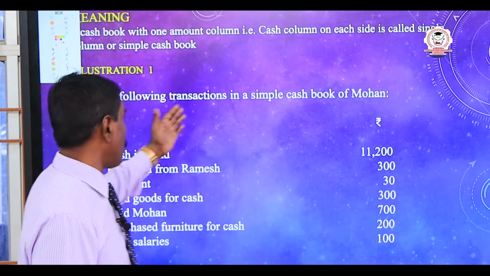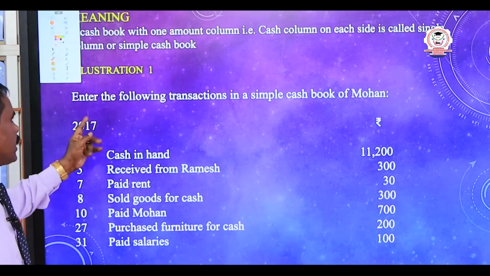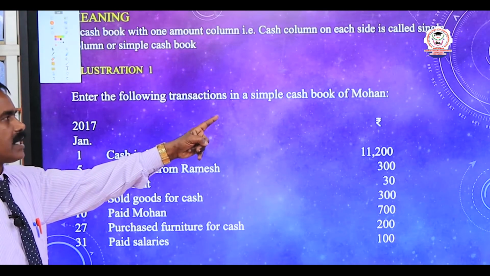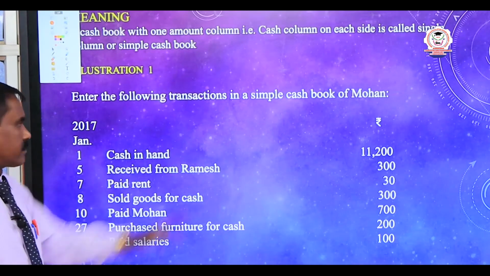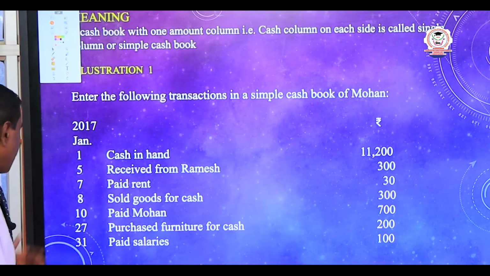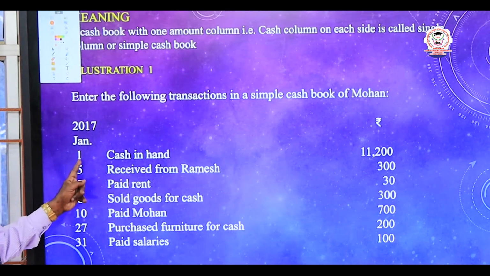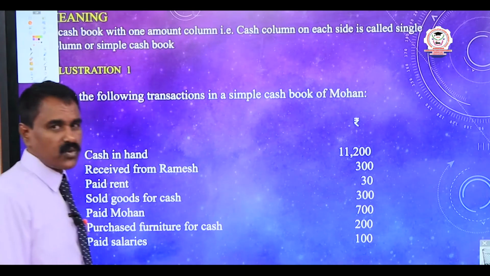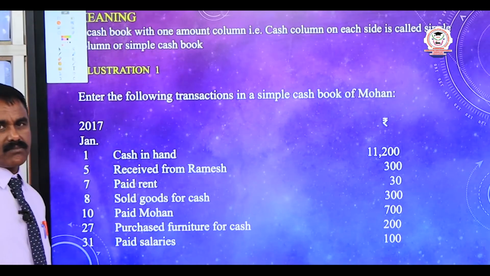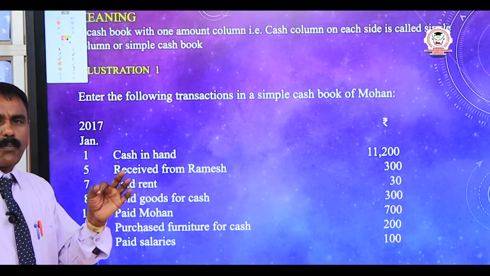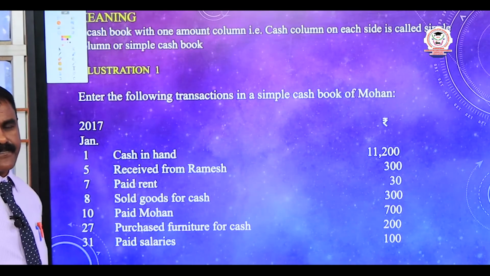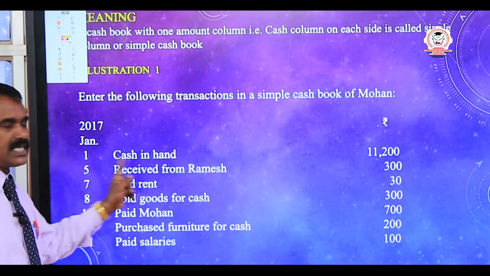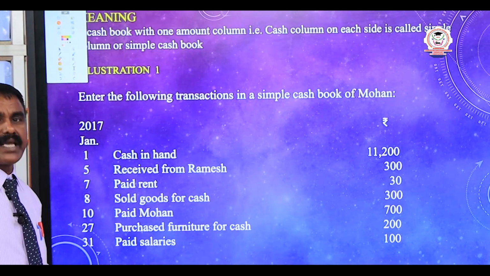We can solve this problem. This is the first illustration. Enter the following transactions in a single column cash book of Mohan. 2017 January 1st, cash in hand 11,200. Cash in hand means opening balance. How will we record this opening balance in the single column cash book?